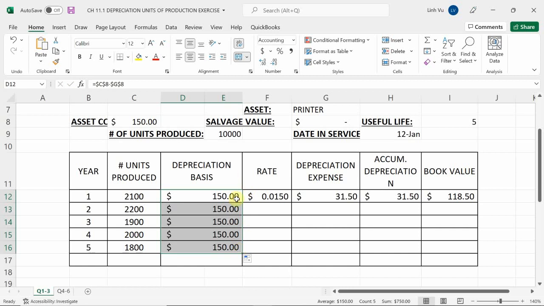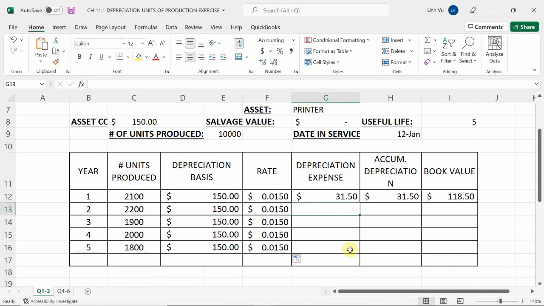What about your rate? It's also going to be constant because the depreciation basis never changed and your total capacity never changed. So in this case, you're still taking the 150, dividing it by the 10,000, and you're still going to get 1.5 cents. Okay?